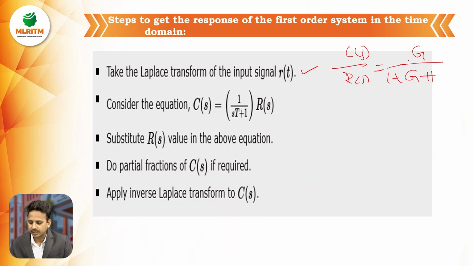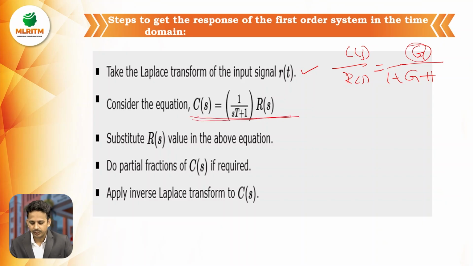If the forward path gain is given as 1 by tau and feedback is unity, then we get 1 by 1 plus s tau. If the forward path gain is some other function, then we have to substitute G of s here. After that, we get a transfer function, and then you shift the input signal to the right side. So finally, you get an equation like this.